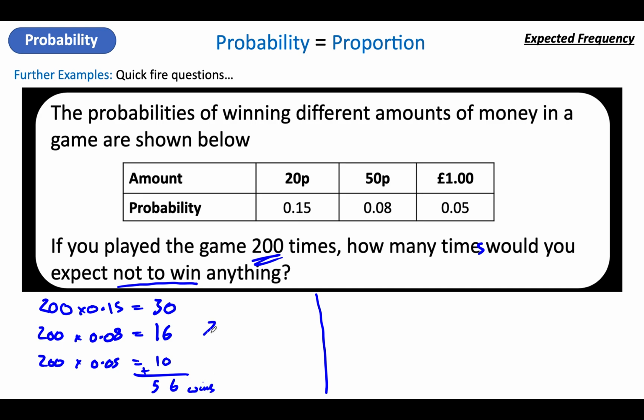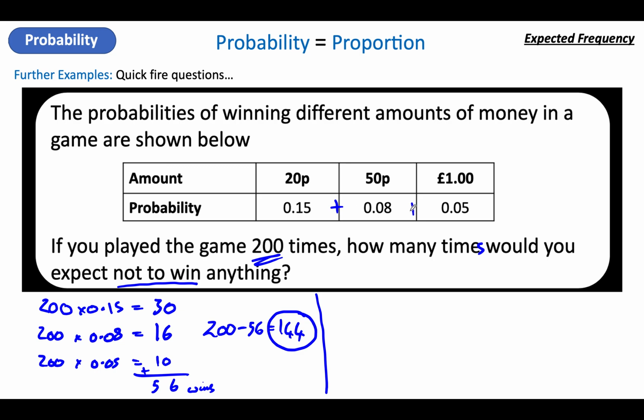So, if we're doing it 200 times, 200 take away 56 is 144. That's how many times I would expect not to win. So I worked out all the numbers of wins, took that away from the total. But here's another way.